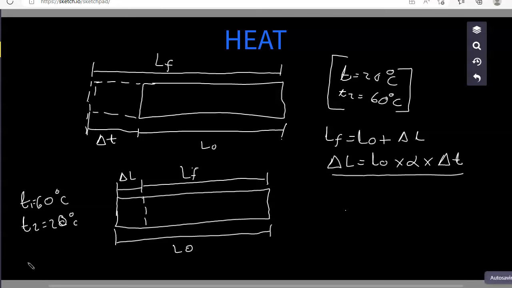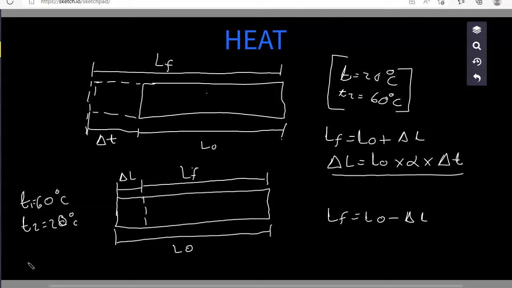The only difference is that our final length will now equal the original length minus the change in length, because in this scenario number 2 our final length is smaller than our original length, compared to the first one, where our final length was longer than our original length.